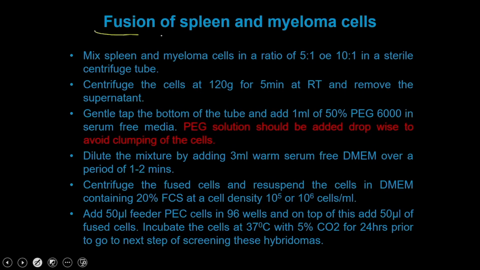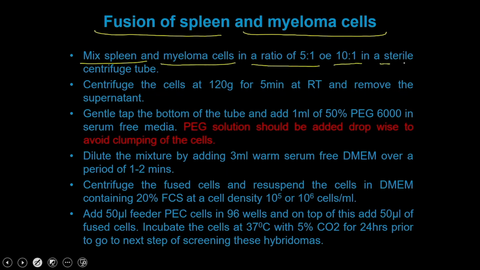The next step, you have myeloma cells, you have the spleen cells, and now you are going to generate the fusion reaction. Mix the spleen as well as the myeloma cells in a ratio of 5:1 or 10:1 in a sterile centrifuge tube. Centrifuge the cells at 120 G for 5 minutes at room temperature and remove the supernatant.